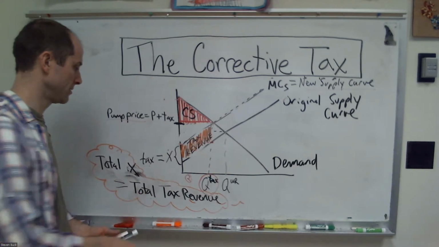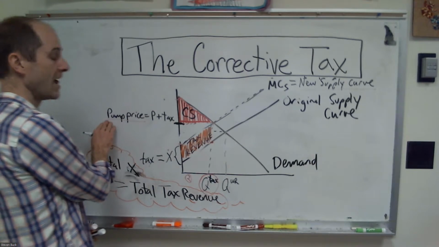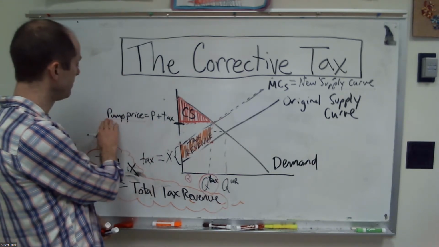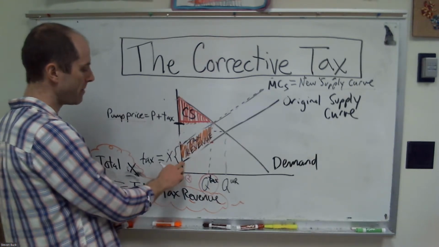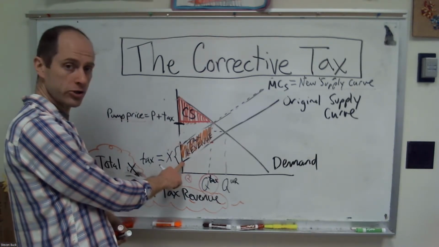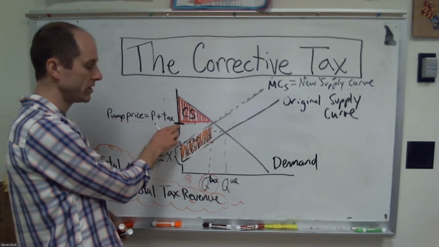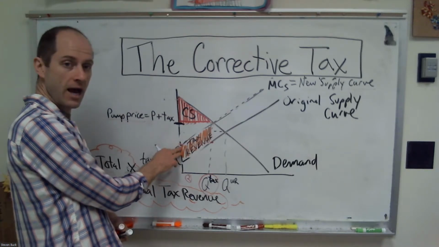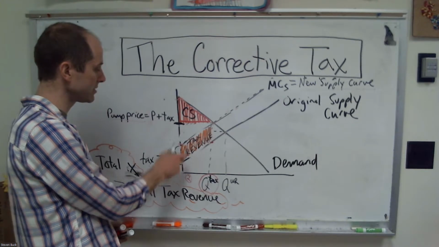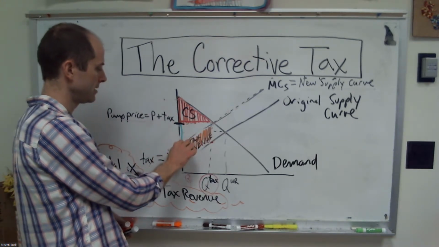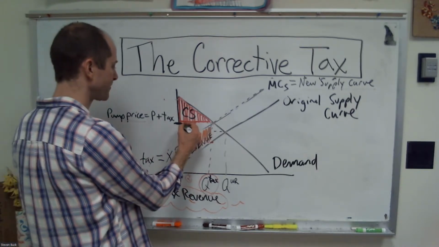Producer surplus: the gas station is going to receive the pump price. They're going to pay their marginal costs, and they're going to pay the tax to the government. The difference between the pump price, the per unit tax, and their private marginal costs is reflected by that green skinny rectangle.